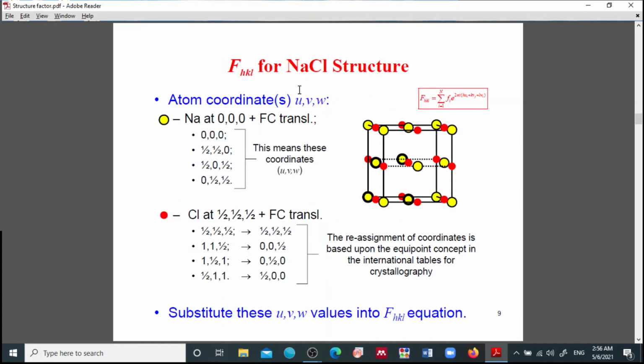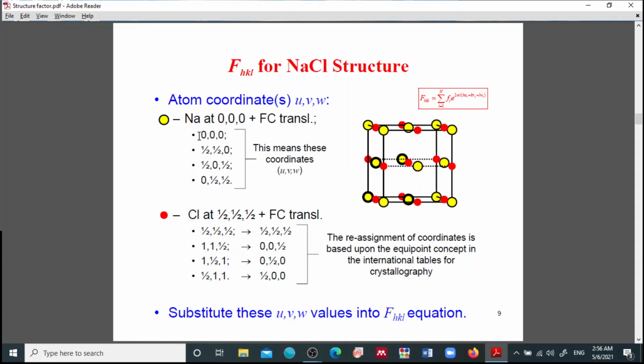So these are the conditions. Similarly, we can consider the sodium chloride structure, a very famous structure. Of course, this is an FCC structure, but the basis is different. This is not a simple basis. This is a molecule.